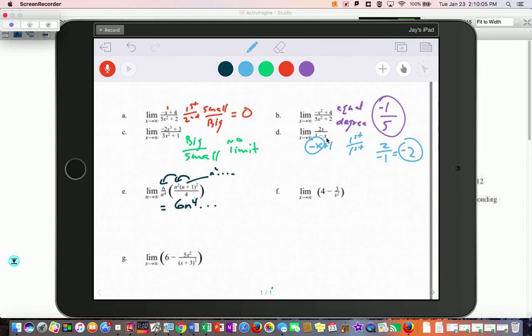And I'm going to put some dots there. I know there are more terms, but I don't need them. And then on the bottom, I have 4n to the 4th. Well, they're equal degree. So I do 6 over 4, which is 3 over 2.